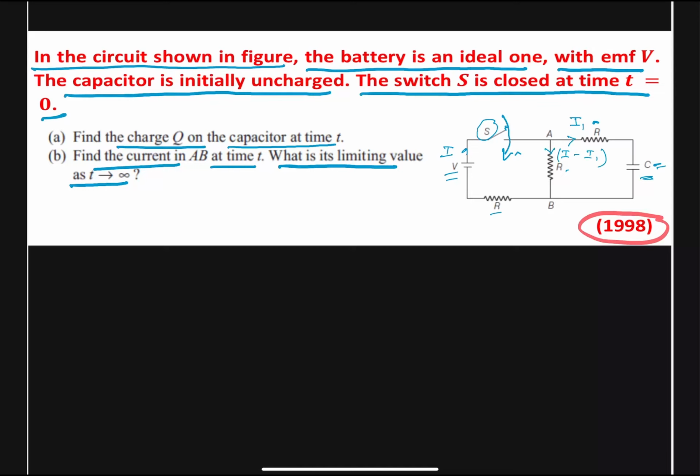And we are given AB, and let us call these C, D, E, and F. And so at time t equal to 0, switch S is closed.